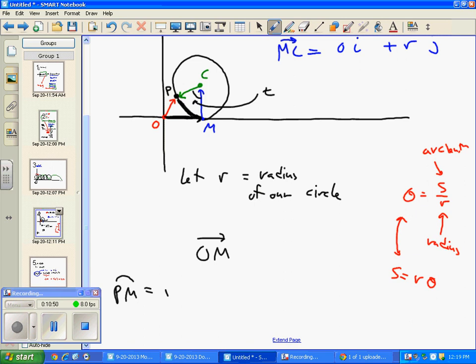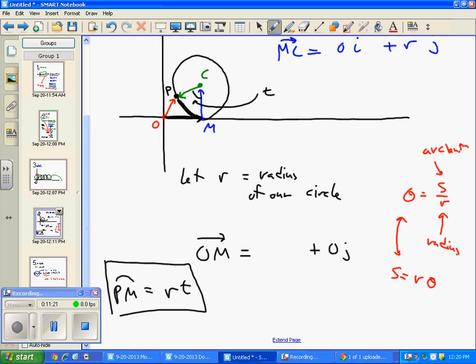So we said the radius of the circle is R, and we said the angle was T. All right? So it turns out we can use this fact to get one of the components of vector OM. So we think about vector OM, it changes in only one direction. It only changes in the x direction. It doesn't change in the y direction at all. So since it doesn't change in the y direction, I instantly go over here and say plus 0j.